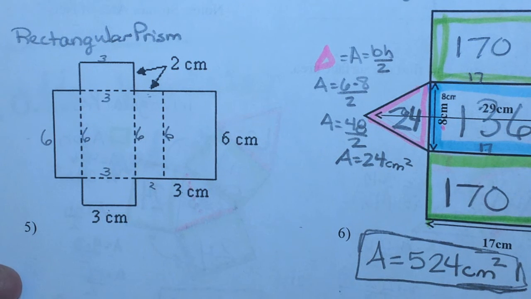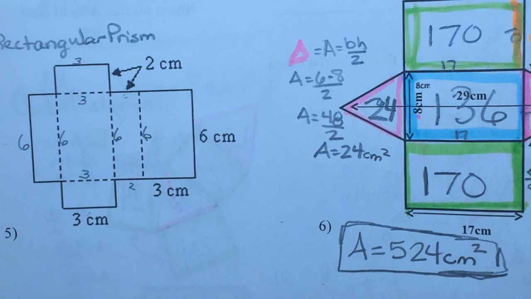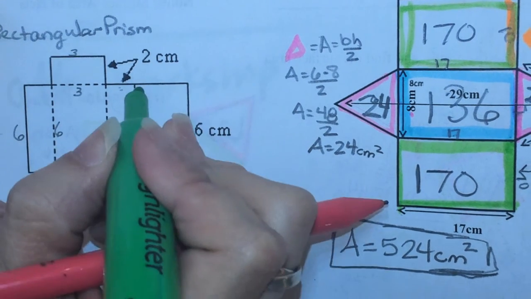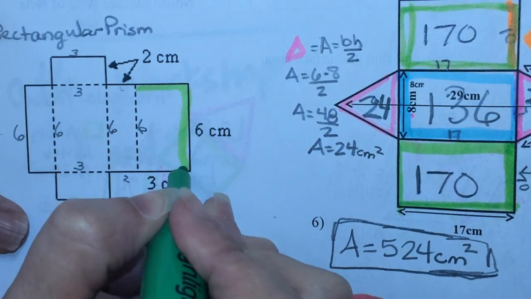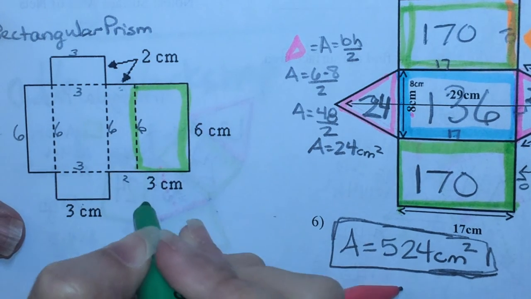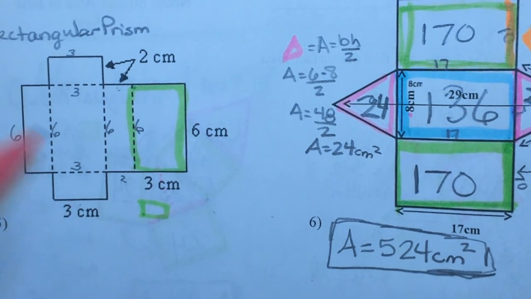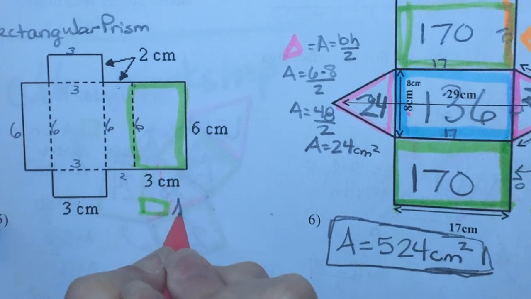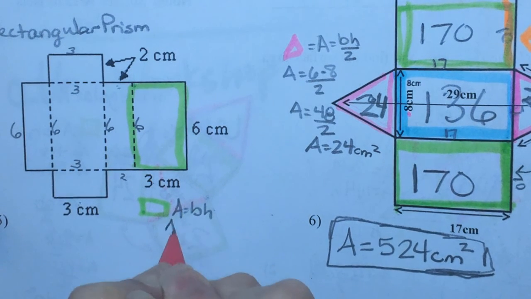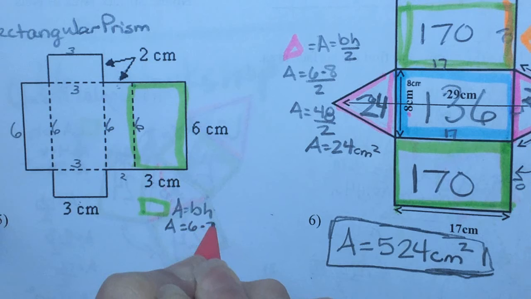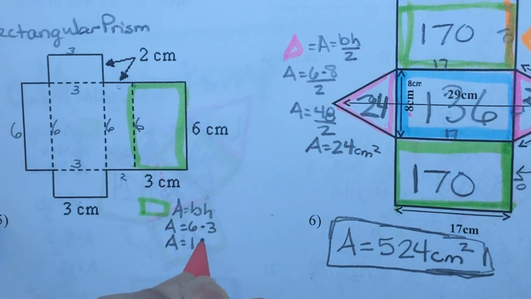If you want to fill in numbers first, that is fine. Okay, I'm going to start with this end one. It is a 6 by 3, which is 18.